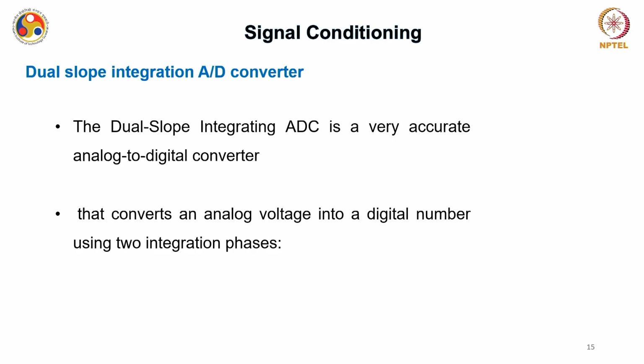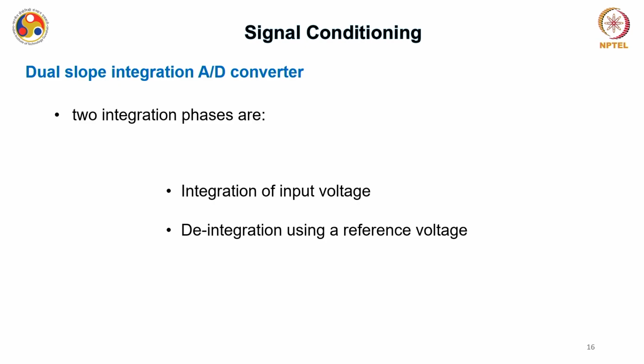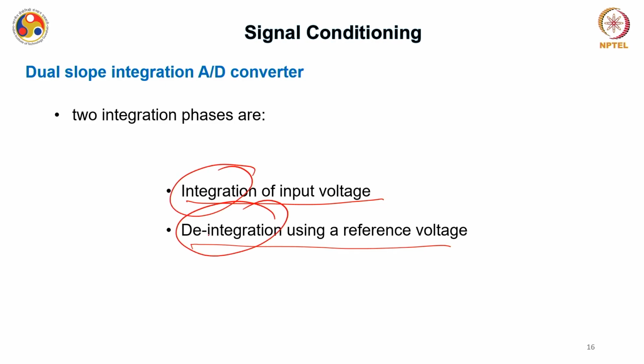The dual slope integrating ADC is a very accurate analog to digital converter that converts an analog voltage into a digital number using two integration phases. The first is integration of the input voltage, and the second is de-integration using a reference voltage. Although one step is integration and another is de-integration, we call them two integration phases.